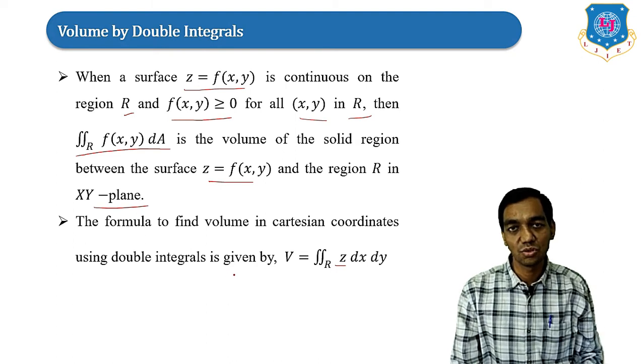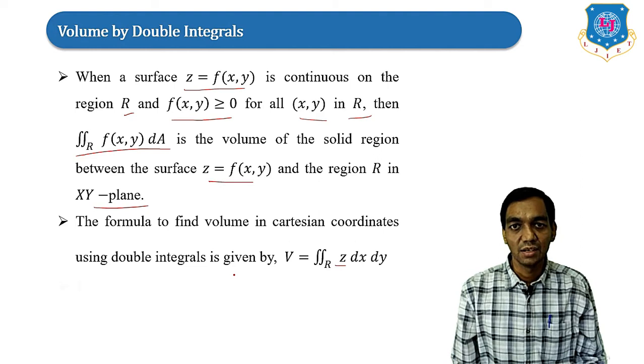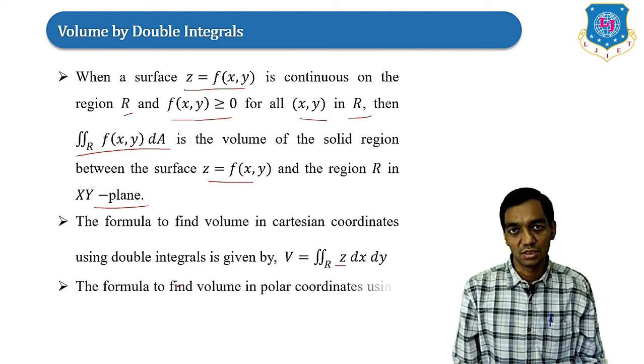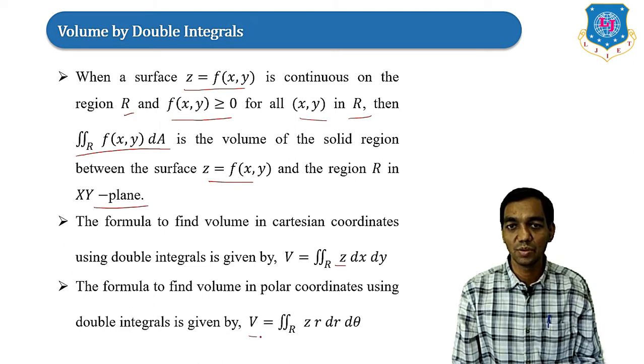That means in that case you have to find out the value of z from the given surface. Suppose you are writing this in a polar coordinate system, then the volume is given by v is equal to double integration z into r dr d theta, because dx dy is going to be r dr d theta.